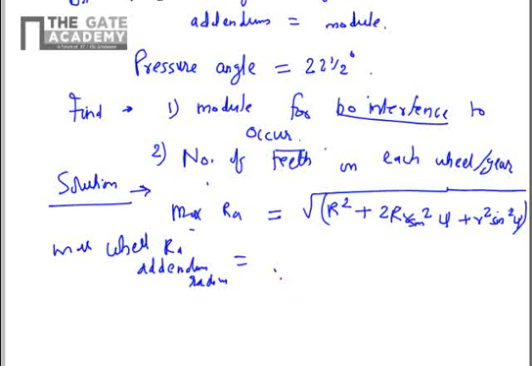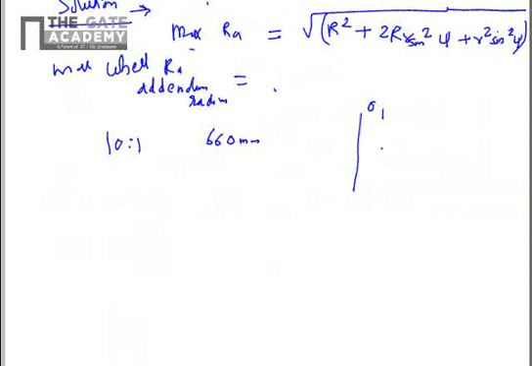So we will use our given quantities, that the gear ratio is 10 to 1 and the distance between centers is 660 mm. So O1 to O2 is 660 and there is a point P which divides the central line in a ratio of 1 to 10. So you get a reduction ratio of 10.